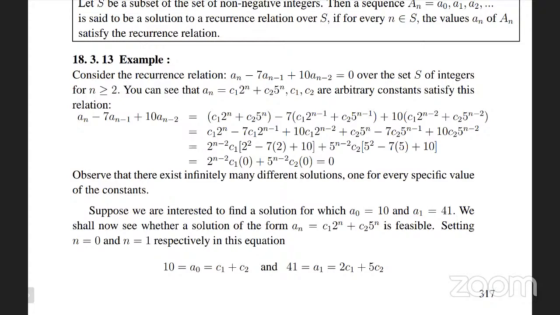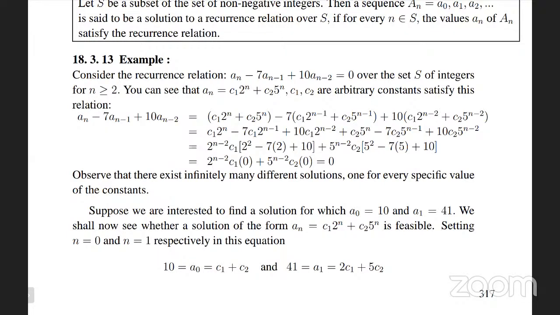Here, a_n is the x square, so a_(n-1) is the x, and a_(n-2) is a constant 1, so it is x power 0. So here I get the equation x square minus 7x plus 10 equal to 0.